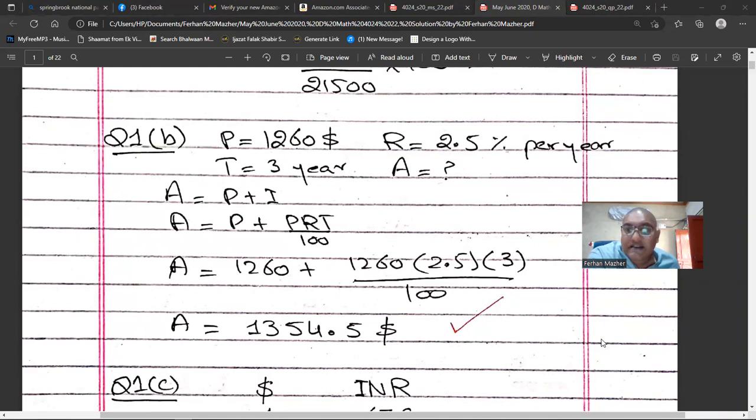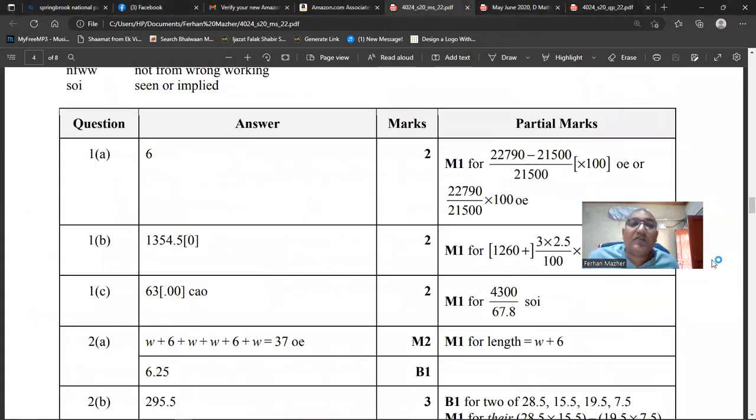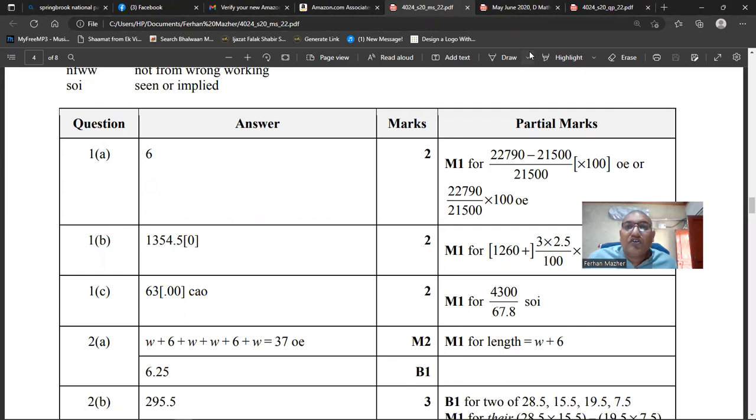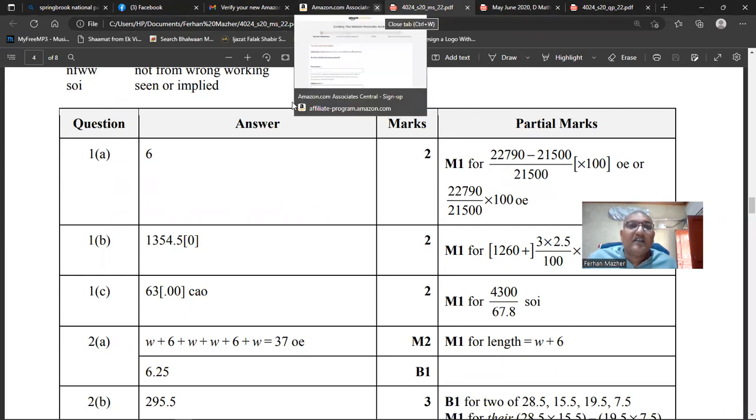And when you enter these values in your calculator, you will get $1,354.5. $1,354.5 is the right answer, sir. So we are going to the next part.